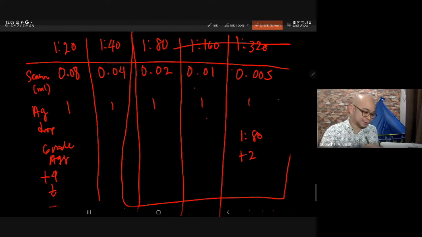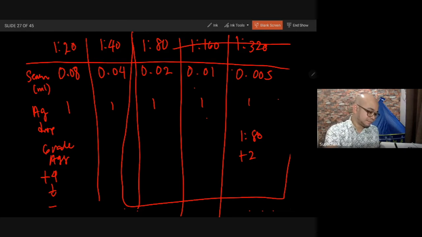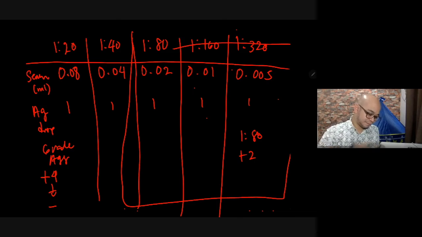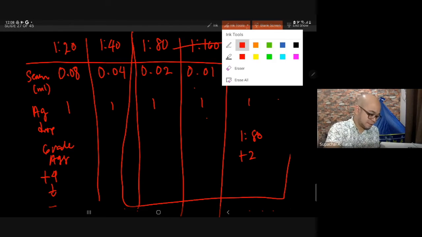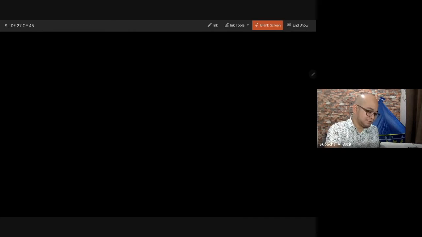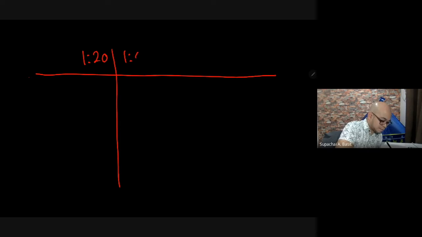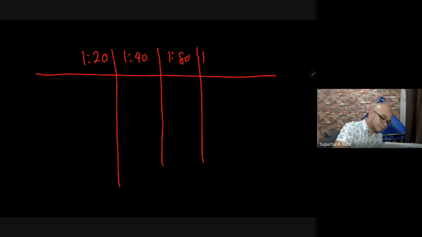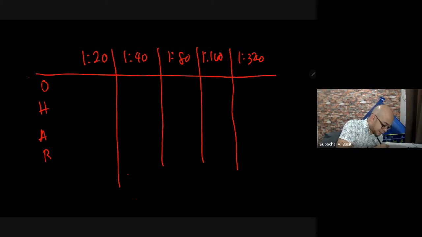So for example, for this patient, let me write again. We actually have four antigens.